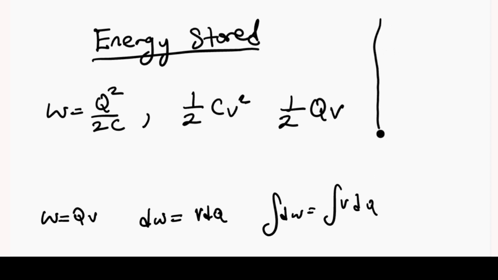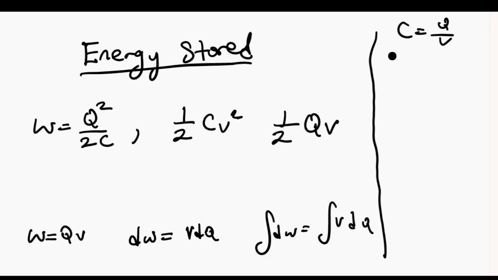Now recall that C is equal to Q over V. From here, if you make V the subject of the formula, V will be equal to Q over C. Substitute Q over C in this part now. The integral of dW is W, so W will be equal to the integral of Q over C dq.